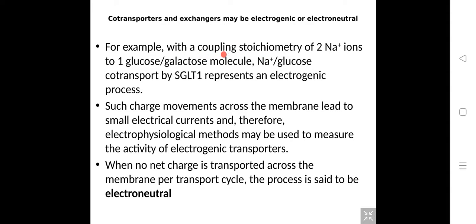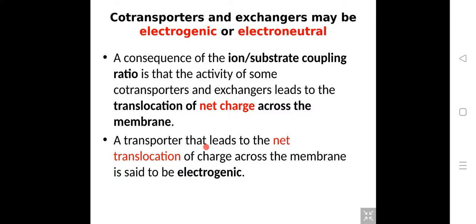For example, when you have a coupling stoichiometry of two sodium ions to one glucose or galactose molecule, the sodium-glucose co-transport by sodium-glucose transporter 1, this is SGLT1, which I know many of you have measured in labs, represents an electrogenic process because you have a net translocation of charge across the membrane.